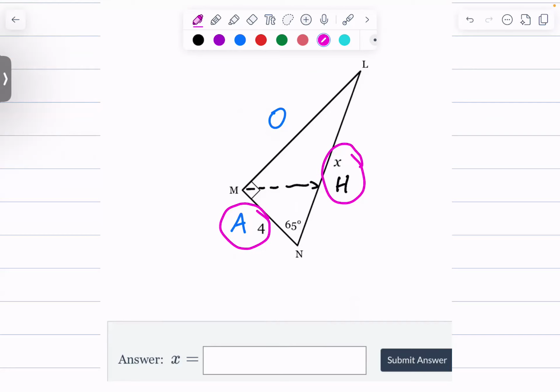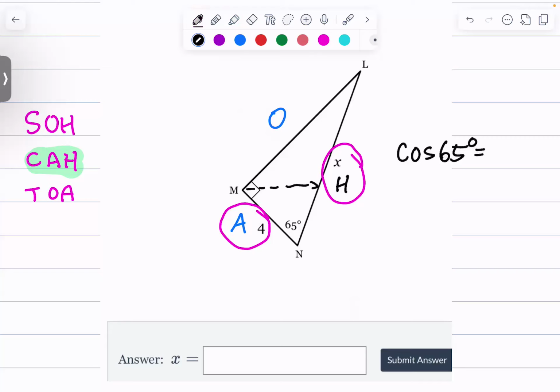This is where memorizing SOHCAHTOA comes in handy. You guys see the pink circles? I've circled A and I circled H. Look at SOHCAHTOA, and it's CAH that has A and H. So I know that the cosine of 65 degrees equals adjacent 4 over hypotenuse x.